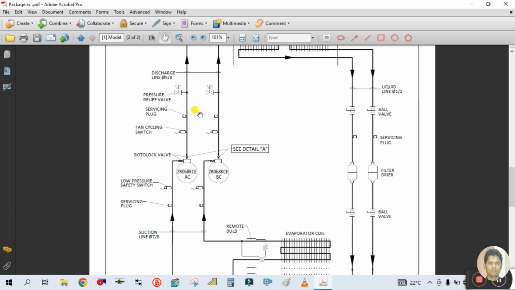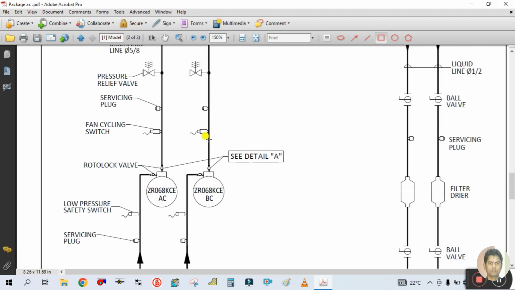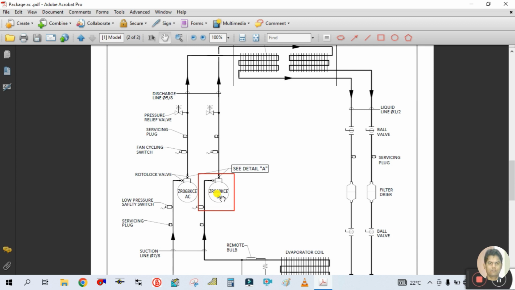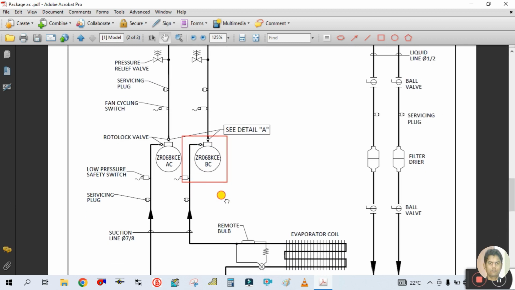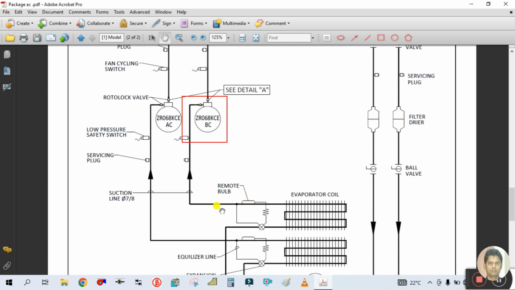So how does it work? You can see this is the compressor, the main component of this vapor compression cycle. That's why this cycle is called vapor compression, because the vapor is compressed inside this compressor. We have to charge the vapor in this line.